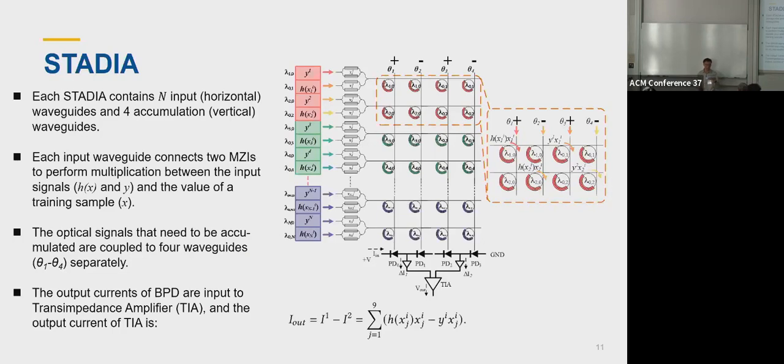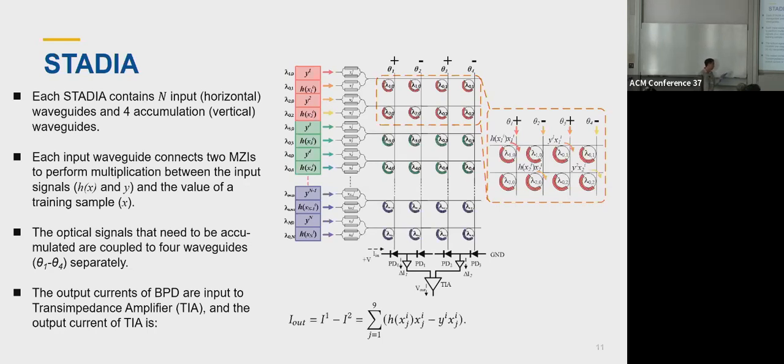The first way is directly modulating the input wavelengths, and the second is applying a voltage to the MZI as mentioned above. And as we can see, STADIUM contains N horizontal waveguides serving as input function, and 4 vertical waveguides as accumulation function.